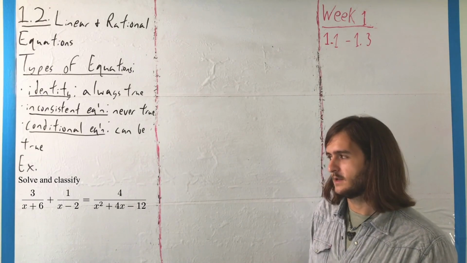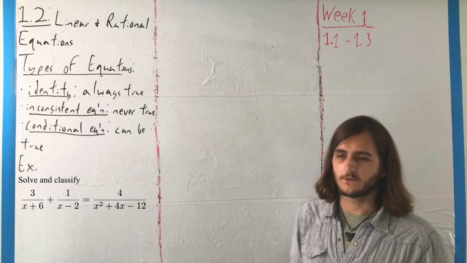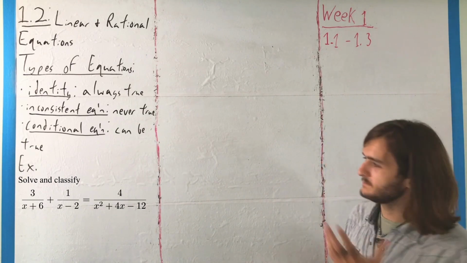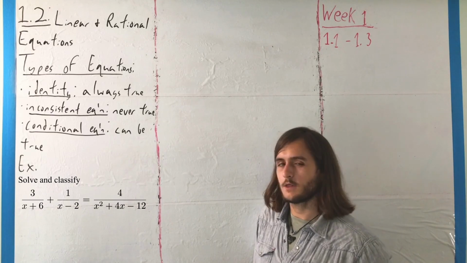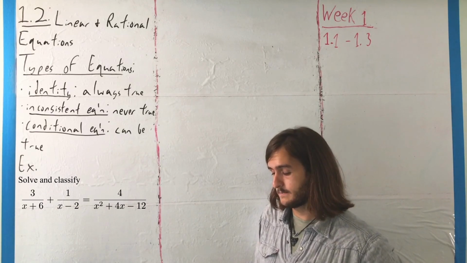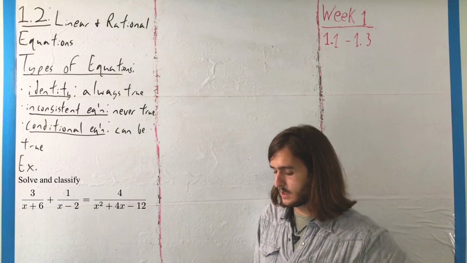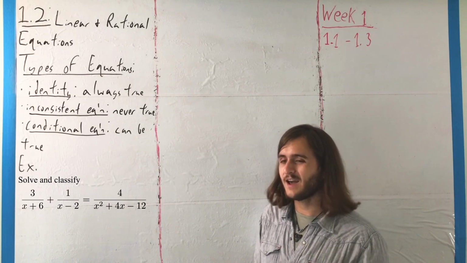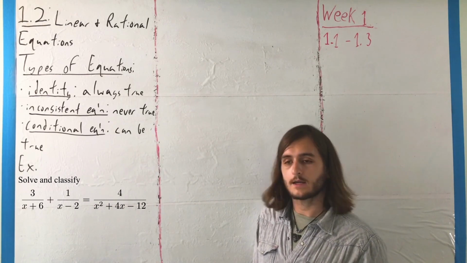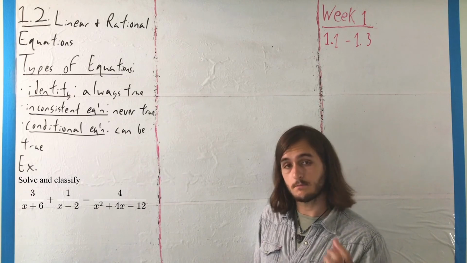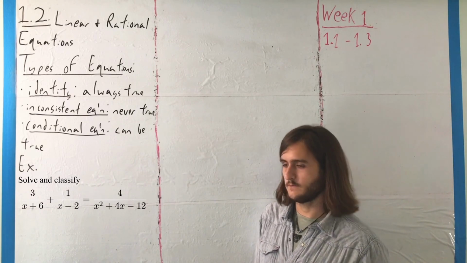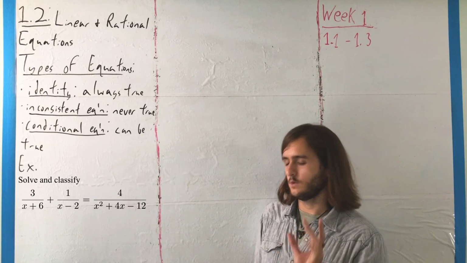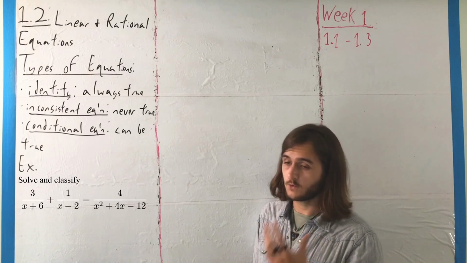But because I'm not in the mood for that, and because I'm being a little bit nicer, hopefully those of you who are familiar with or remember dealing with factoring will notice that x squared plus 4x minus 12 actually factors into x plus 6 and x minus 2. And if you can't remember how to do that, think about what it would take to multiply to get negative 12.